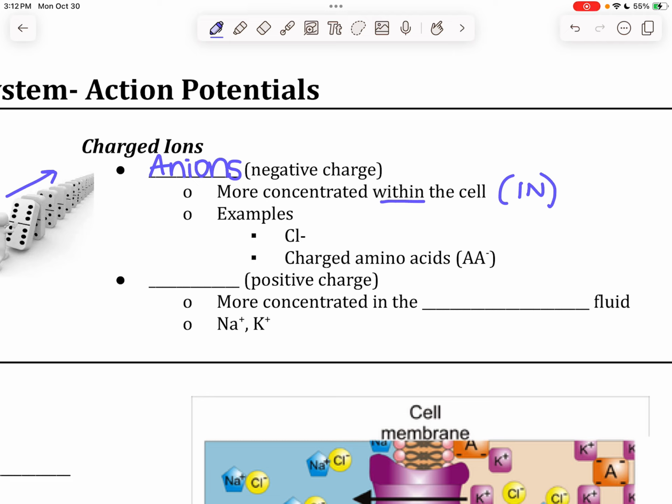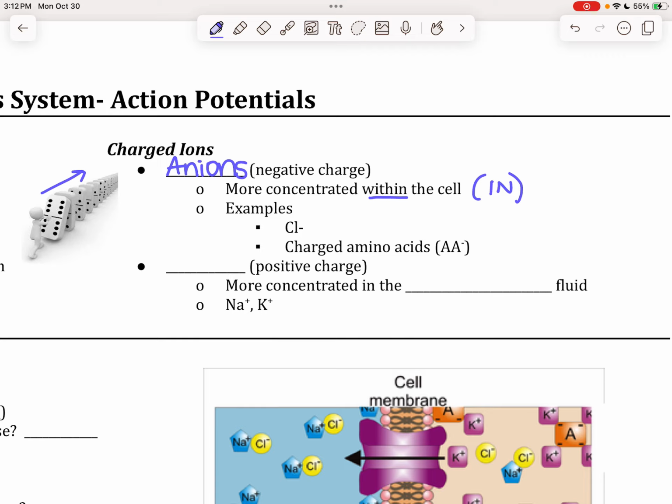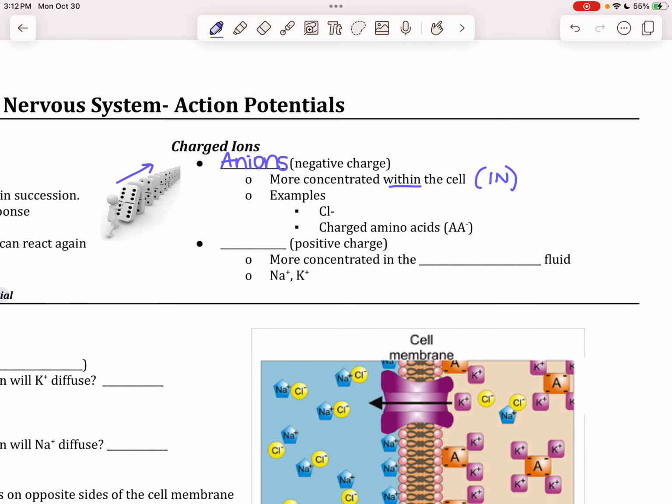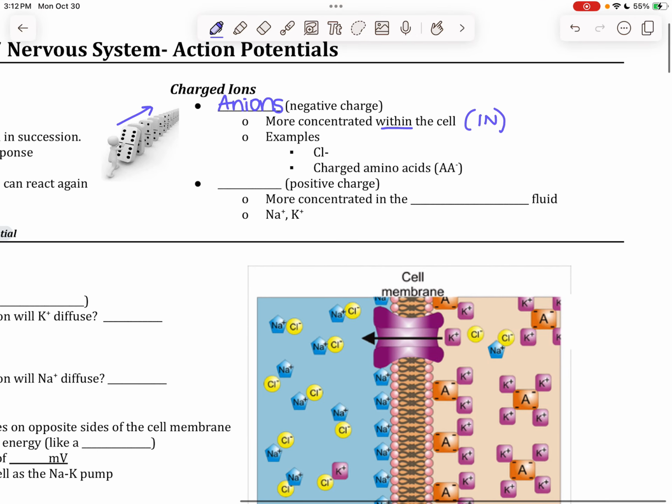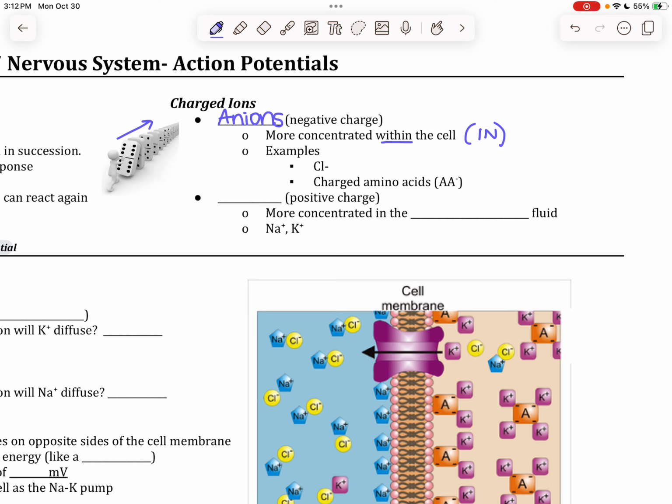Examples of anions are chlorine ion and charged amino acids or proteins. Those garner a lot of negative charge, so they are what's driving the whole force of the negative charge inside of a resting neuron.